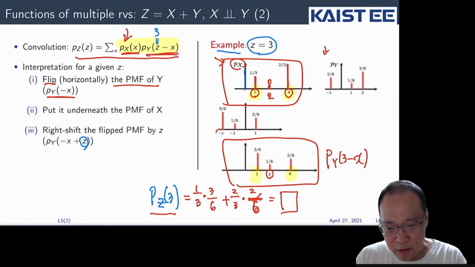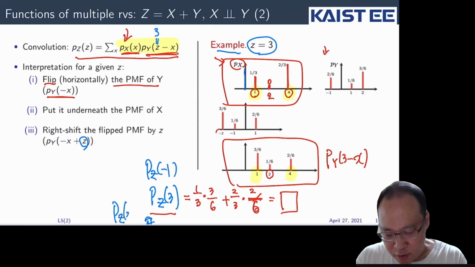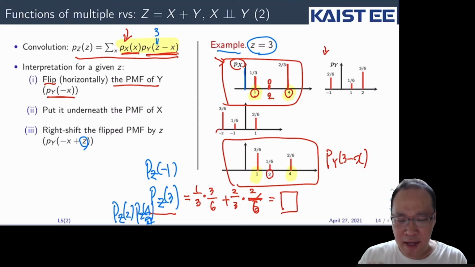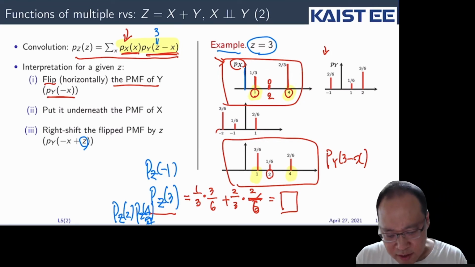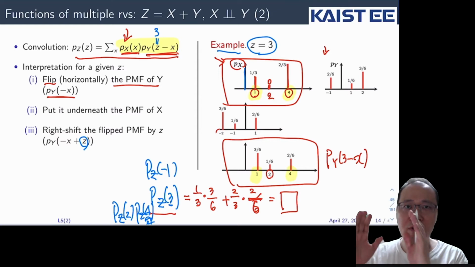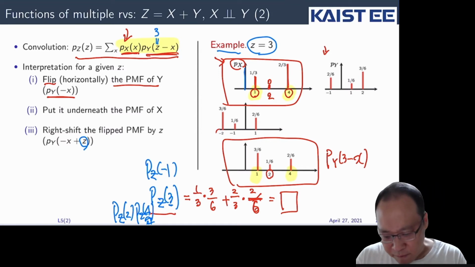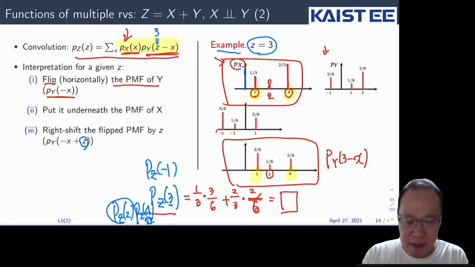Like for example, what is PZ minus 1? What is PZ2? What is PZ4? The difference lies in the amount of the right shift, right? Here in this case, since the z is 3, we do the right shift by 3. But for example, like PZ2, then we have to do the right shift by 2.